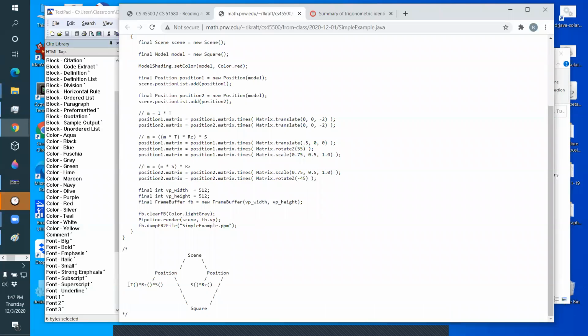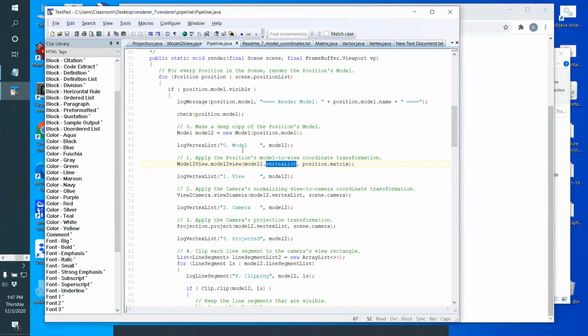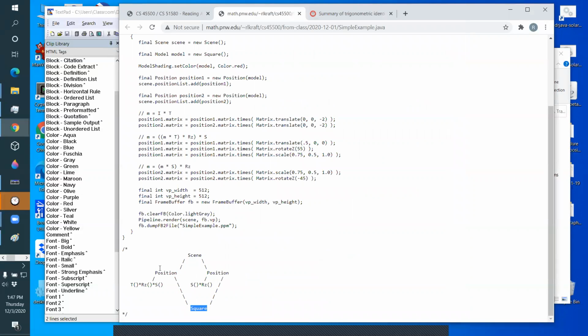Then the renderer will take that resulting matrix and multiply it by this square. And it'll take that resulting matrix and multiply it by that square again. But notice that that square is in this tree twice. So the first step of the render is going to make two copies of this square. This step here will be hit twice, because you'll start here, go here, hit that square model, make a copy of it.